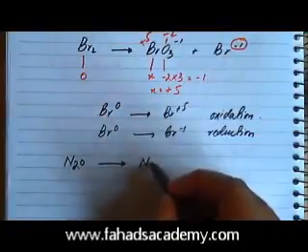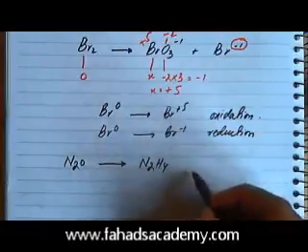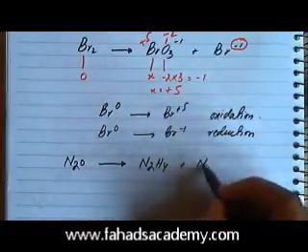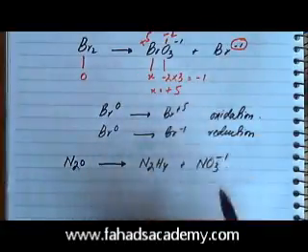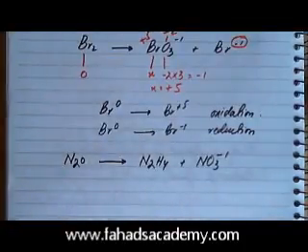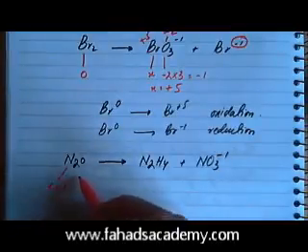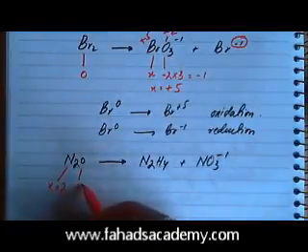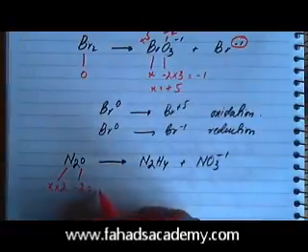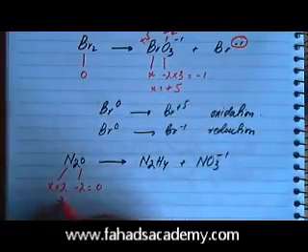N2O is getting converted into N2H4 and NO3 minus 1. So if you look at the oxidation state of nitrogen over here, it's unknown, so that is X into 2 because there are two nitrogens. On oxygen it is minus 2, and that should all add up to 0, so X comes out to be 1.